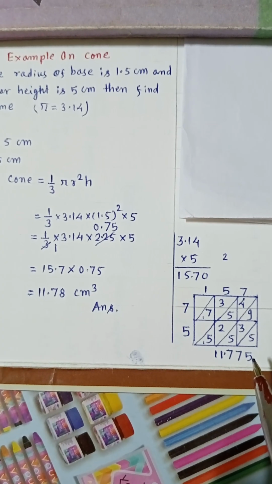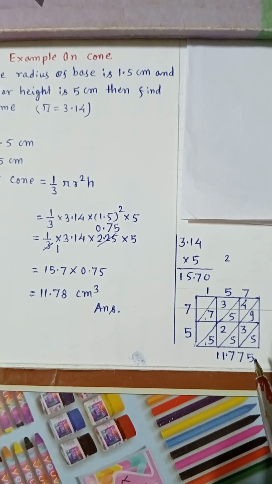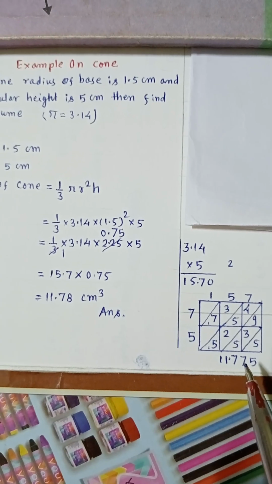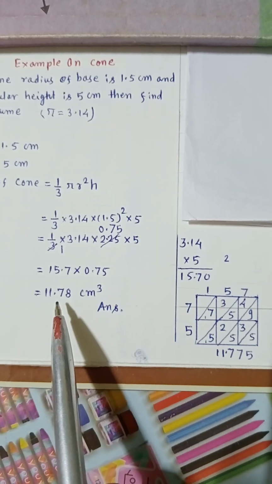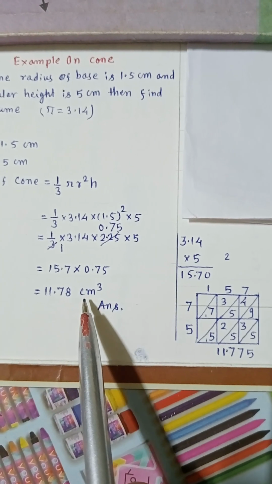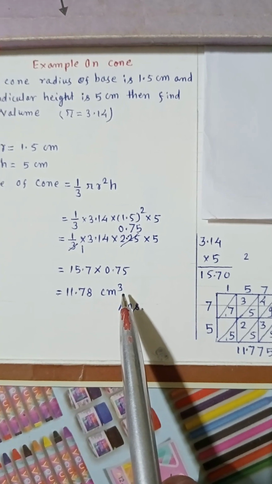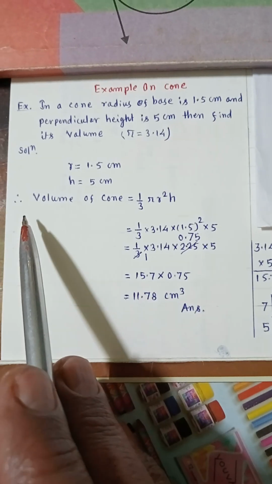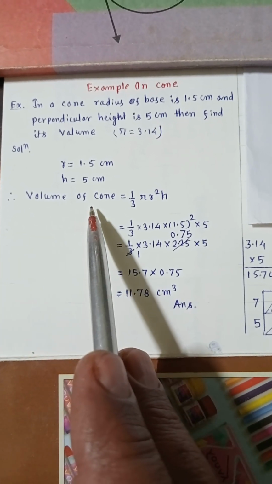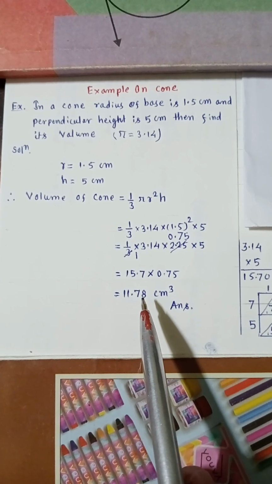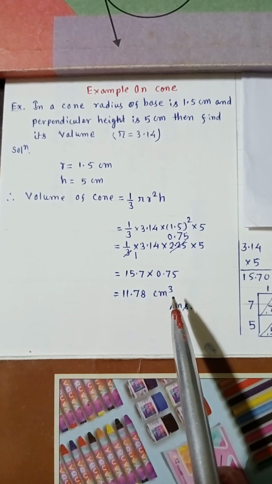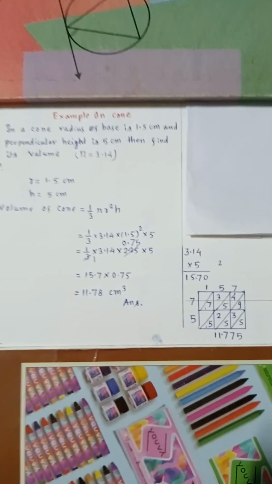Third digit is 5, therefore we have to increase second digit by 1. Multiplication is 11.78 cm cube. Therefore, volume of cone is equal to 11.78 centimeter cube. This is the answer.